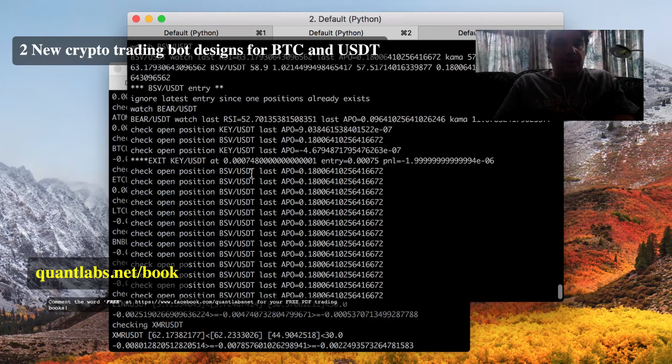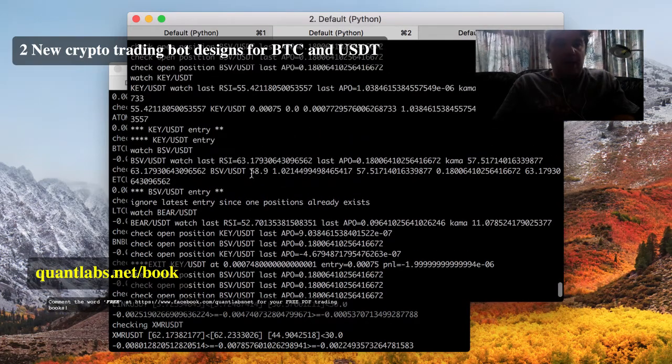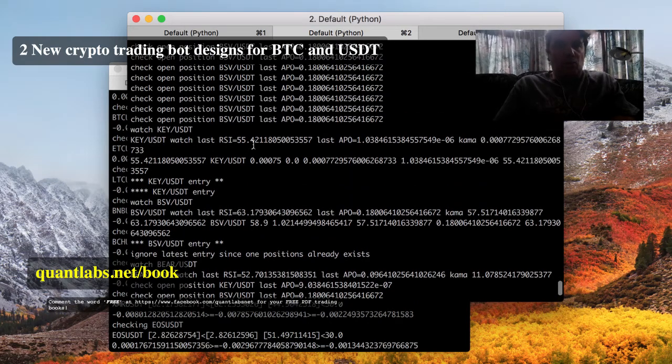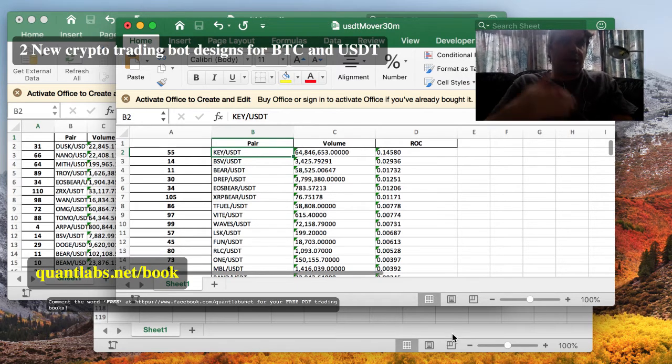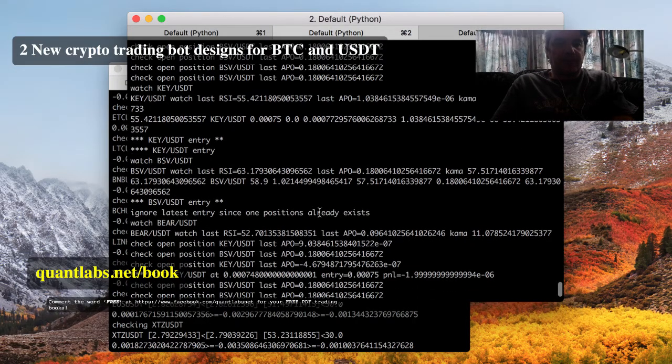Essentially, it only will watch the top 3, these 3, and it will check and generate this list every half hour. So this will get refreshed every half hour and only focus on the top 3.